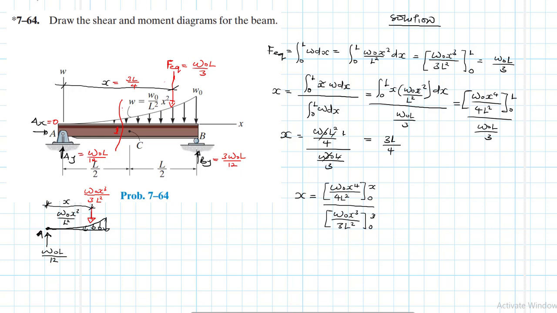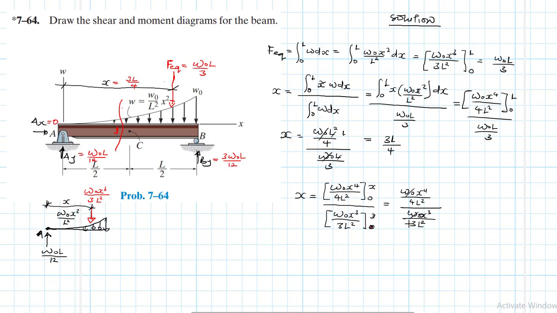So these will just remain the way they are, where we have the x's, and then once we do the cancelling, it will be W naught x to the power 4 divided by 4L squared over W naught x cubed divided by 3L squared.